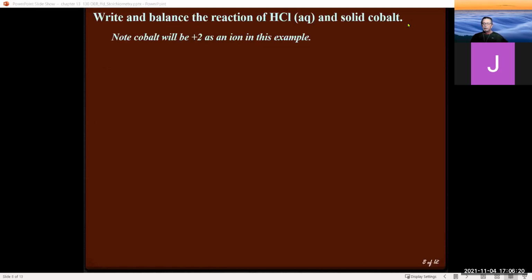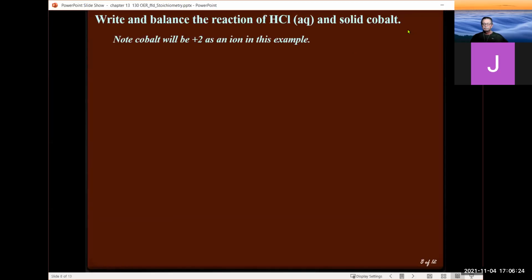All right. Now, what we have here is a written problem where they are telling you to write and balance the reaction of hydrochloric acid with solid cobalt. Okay. And so here we go.